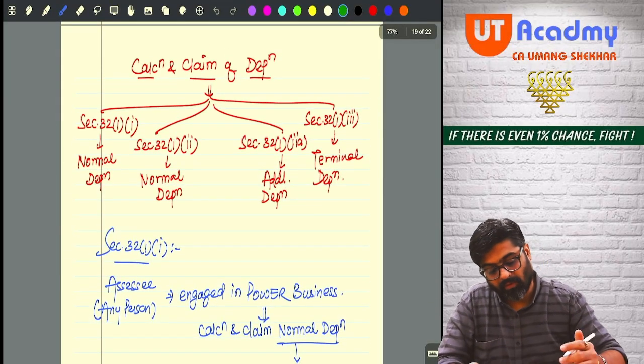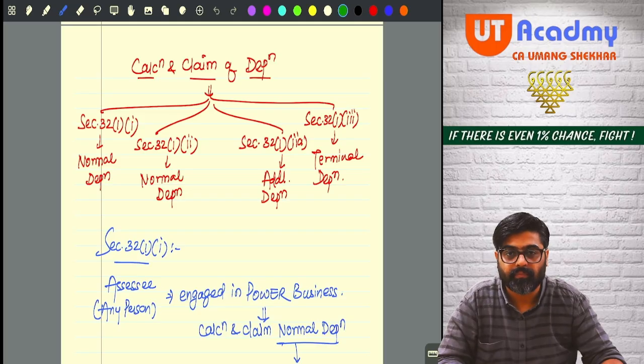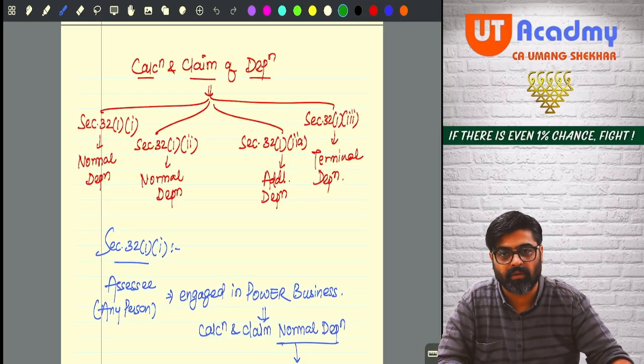Okay. Now calculation and claim of depreciation. We are going to continue this after the break. How the depreciation will be calculated and claimed. Now the real provision, section 32, how the calculations will be done.